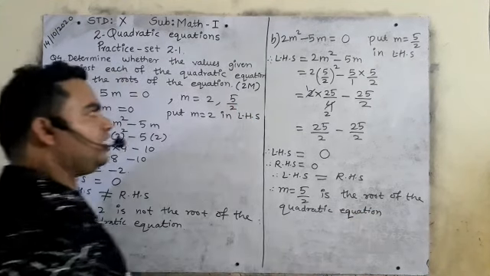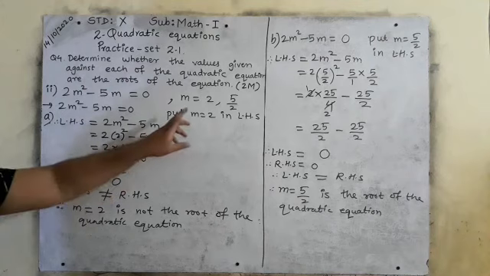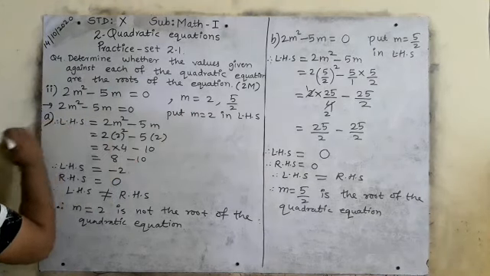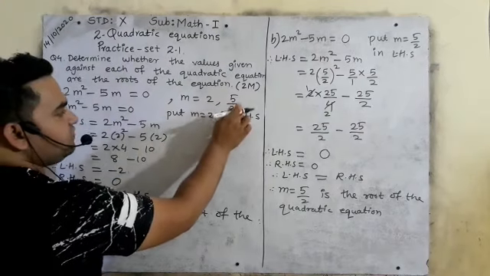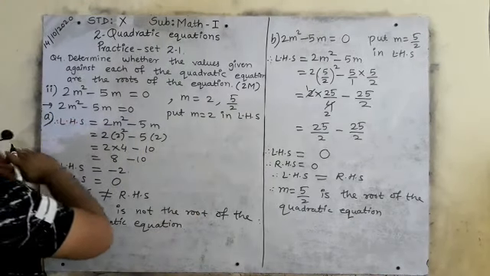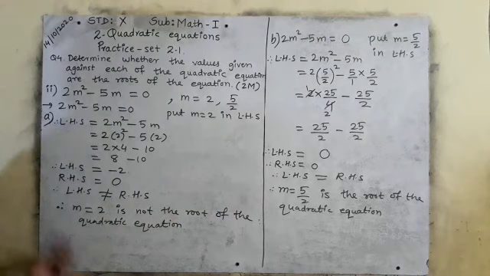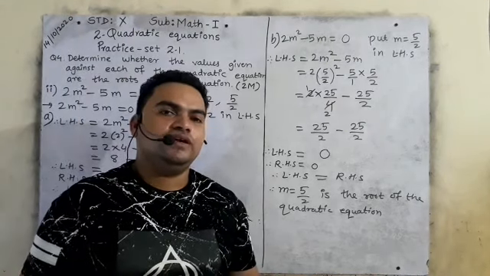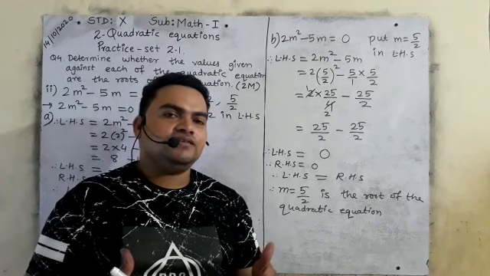So this is how you have to utilize the value given against m. In the first condition you will utilize m is equal to 2, in the second condition you will utilize 5 upon 2. LHS should be equal to RHS, then only it is a root. If LHS is not equal to RHS, then it is not the root. I hope you understood. Best of luck and thank you so much.